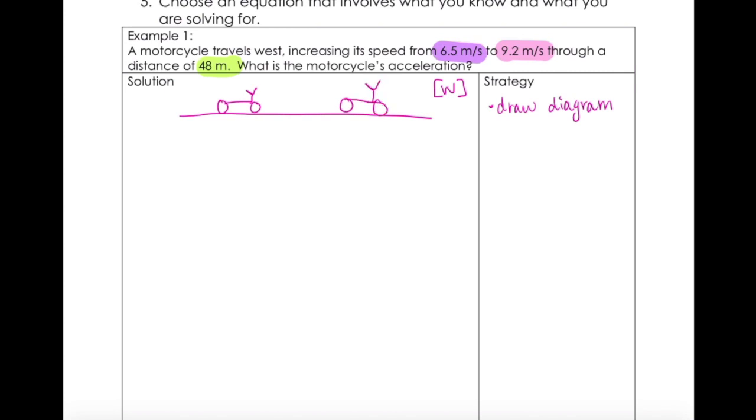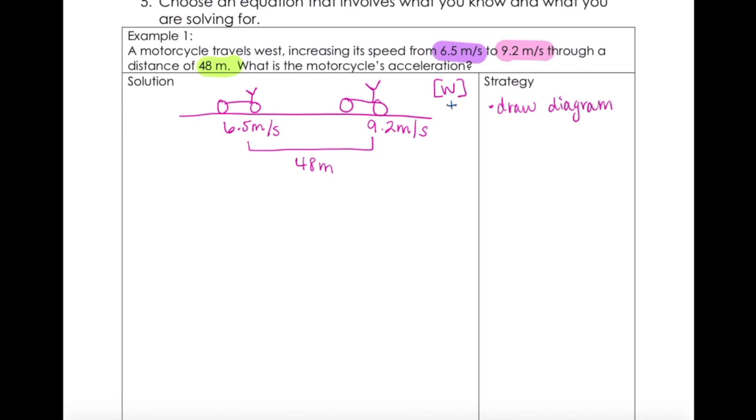They have an initial speed of 6.5 meters per second, and then in the distance of 48 meters, they're then traveling 9.2 meters per second. Okay, so west is going to be our positive direction.